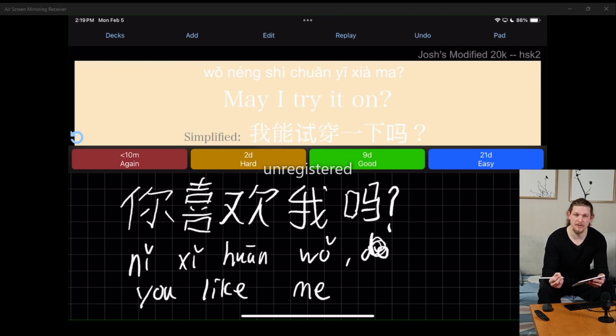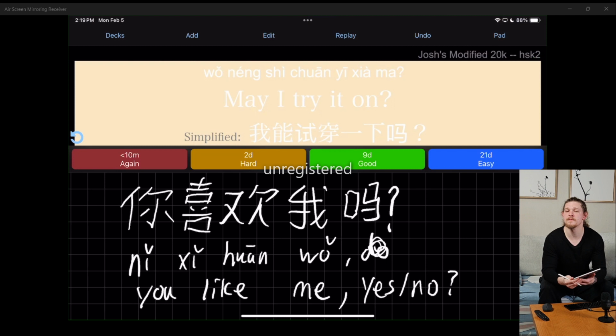Or if you want to follow the sentence structure a little bit more correctly with your English, you say, you like me? Yes, no. All right, so that's just the meaning of that ma character, and that's going to pop up in tons of these sentences if you're going through and doing this.